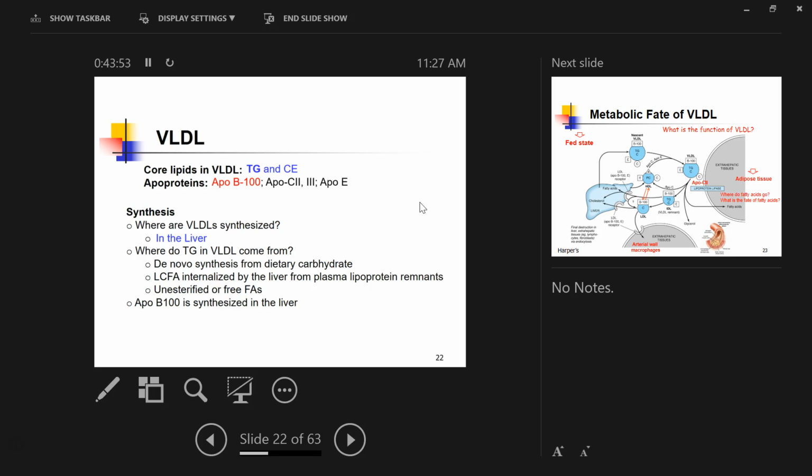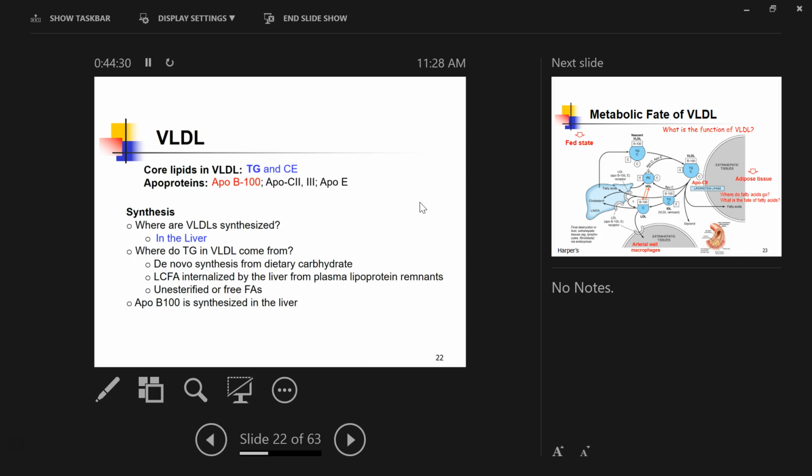Under the fed condition, particularly when we have higher carbohydrate in the diet, then extra or surplus carbohydrate will need to be converted to fatty acids, right? Lipogenesis increased in the fed condition, and these fatty acids converted from carbohydrate need to be transported to the adipose tissue and stored there, right?